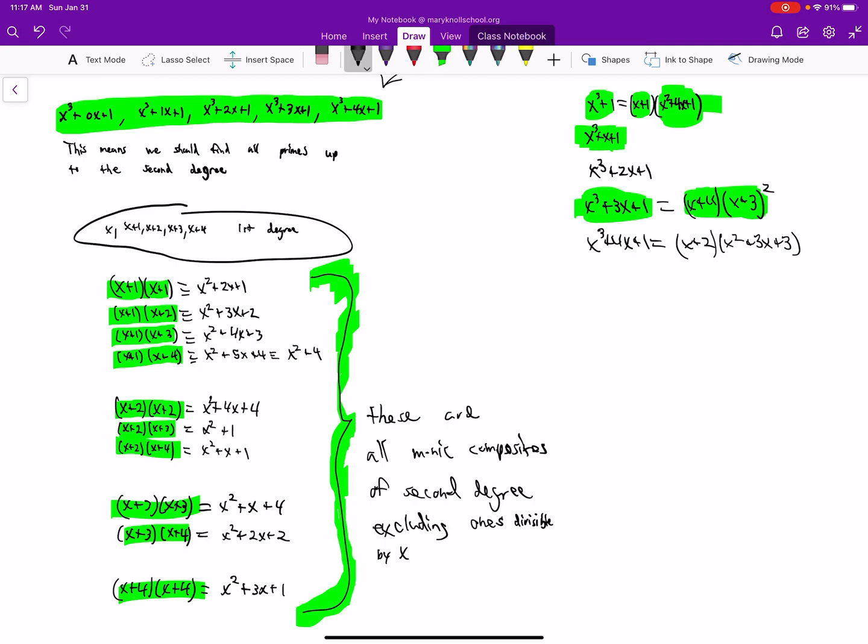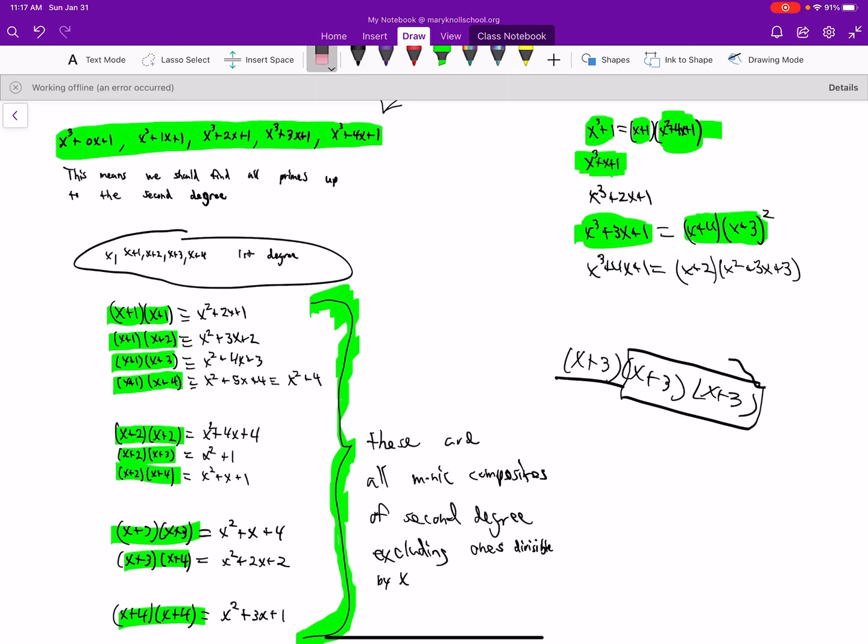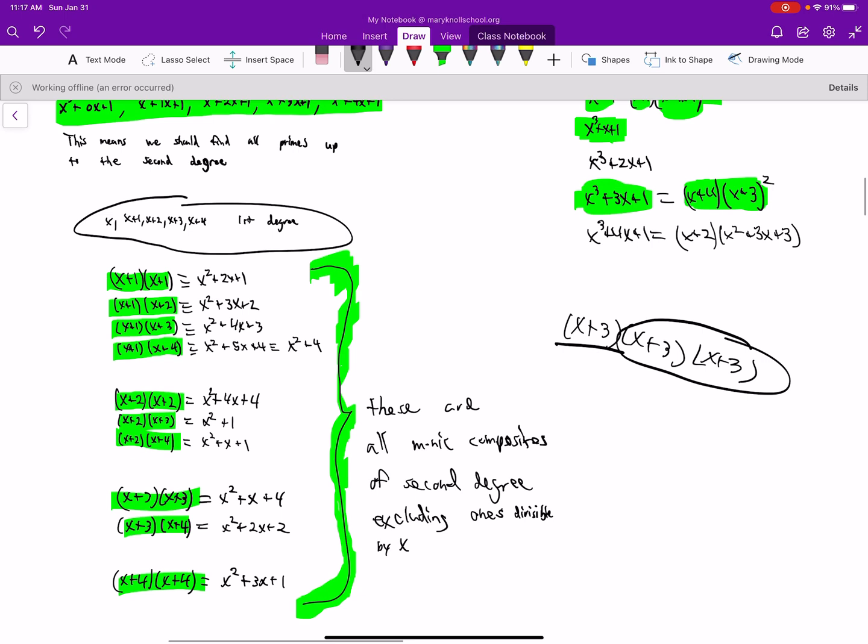For example, let's say you had x plus 3, something, x plus 3, x plus 3. Let's say you found out it was divisible by x plus 3, and then you didn't know how to figure this one out, and all you did was check x plus 4 from then. You could look here and actually see, oh yeah, I must have made a mistake, because actually it would be right here.